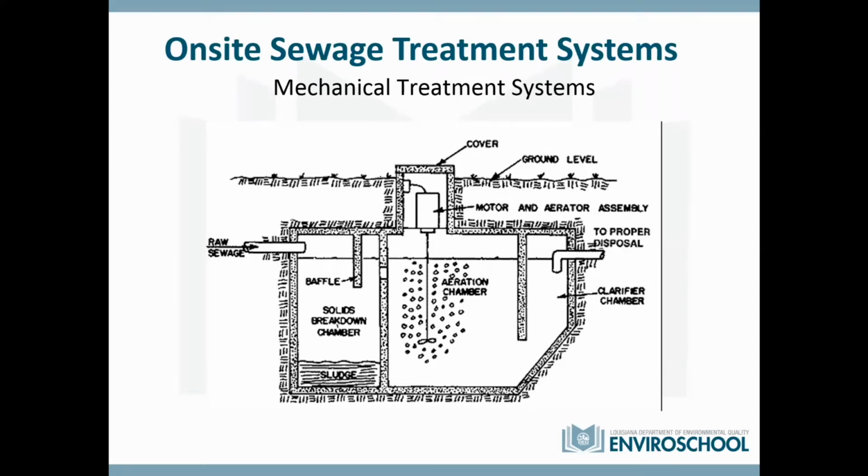Now, if you have any kind of disinfection, like chlorine tablets or whatnot, they would be involved after that part of that pipe to the right. So that's basically, in basic terms, what mechanical systems do and how they treat sewage. And again, you can see it's both primary through the sludge settling down, and then secondary through the aeration.